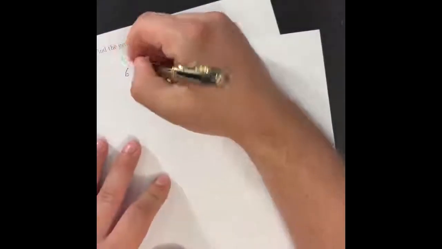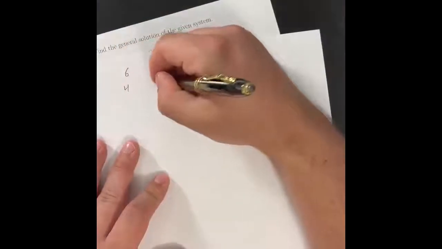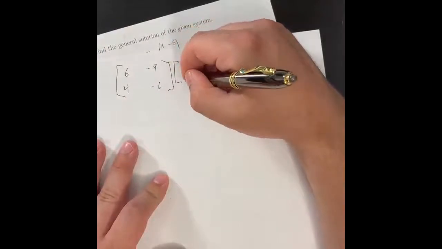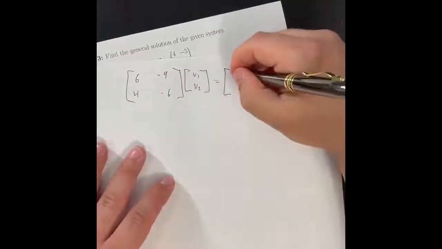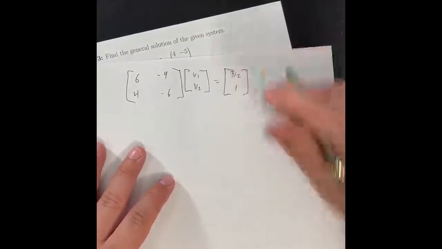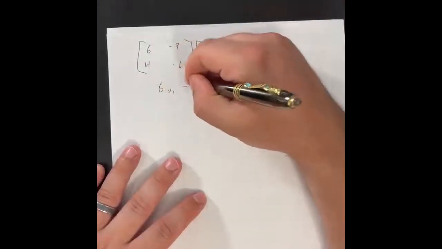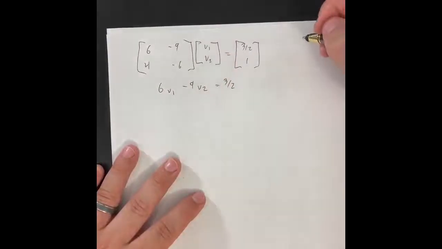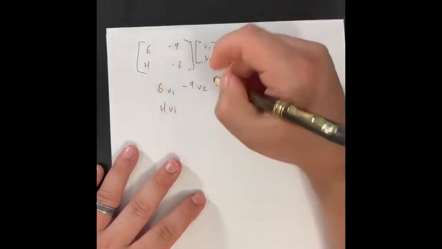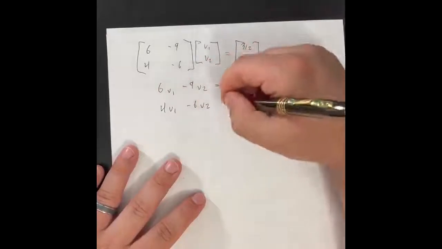We have the same matrix, 6, -9, 4, -6, times components equals now our 3/2, 1. So this says 6v1 minus 9v2 equals 3/2, and 4v1 minus 6v2 equals 1.